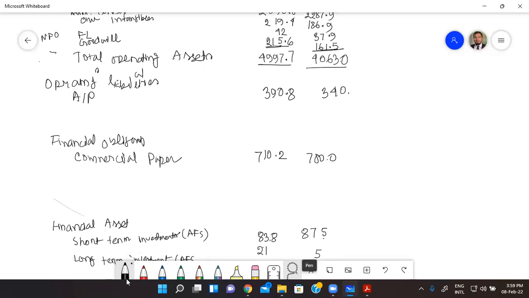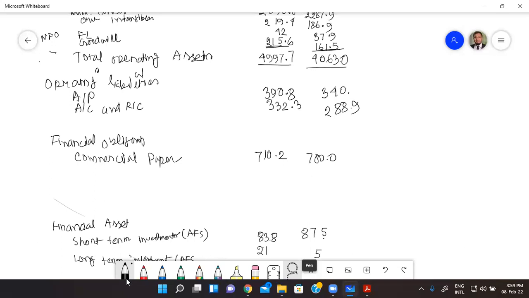After the accounts payable, I have the accrued compensation and related cost. This is how much? 332.3 million in 2007 and 288.969 million in 2006. Okay.